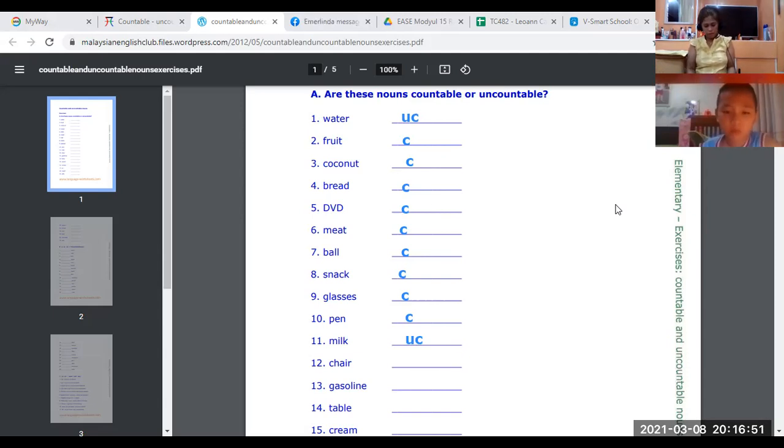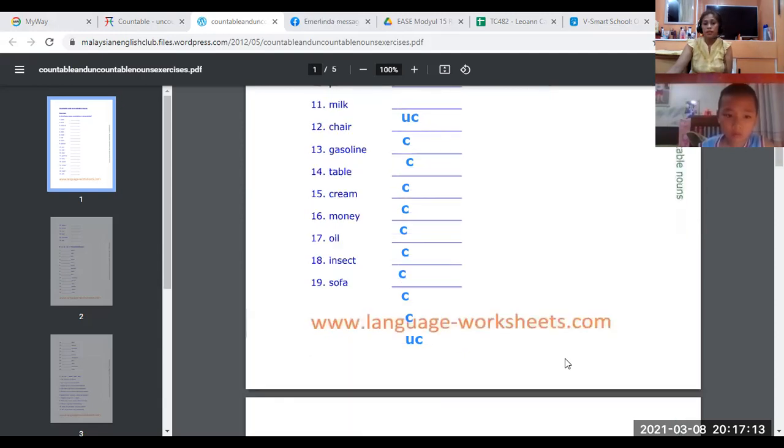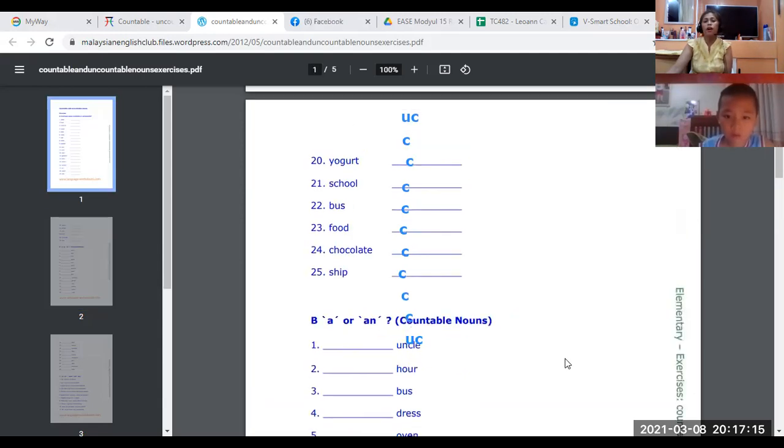Now here. Are these nouns countable or uncountable? We have here the water. It's uncountable, right, Kyo?